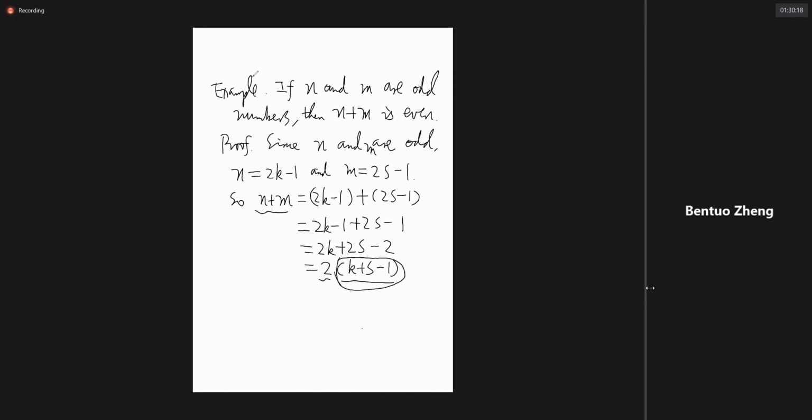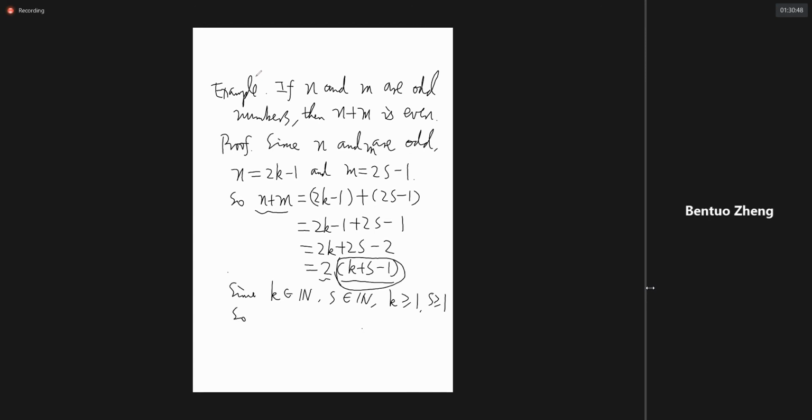Since k is in N and s is in N, k is greater than or equal to 1, because those are natural numbers, and s is greater than or equal to 1.